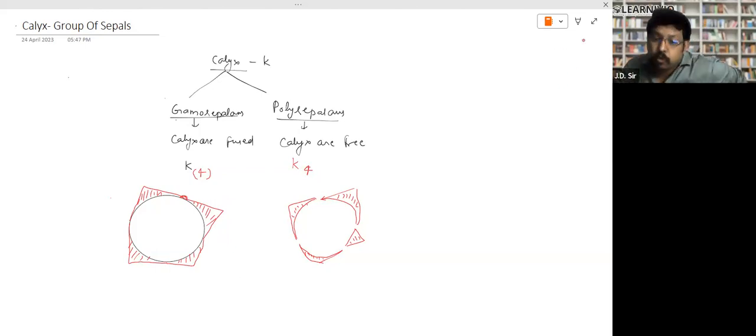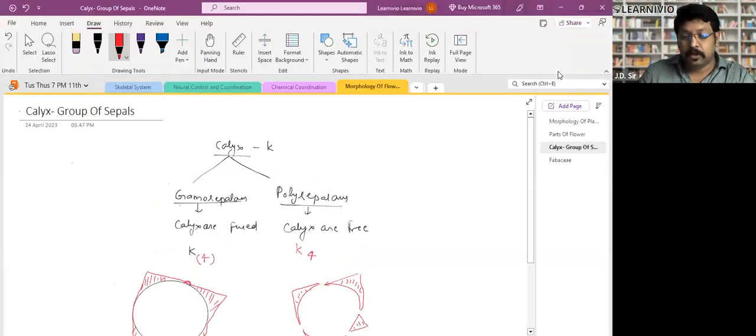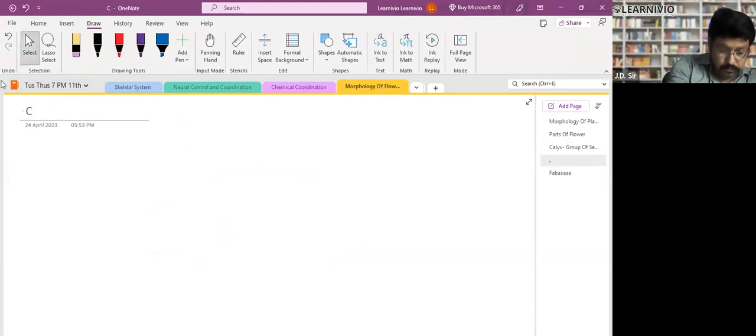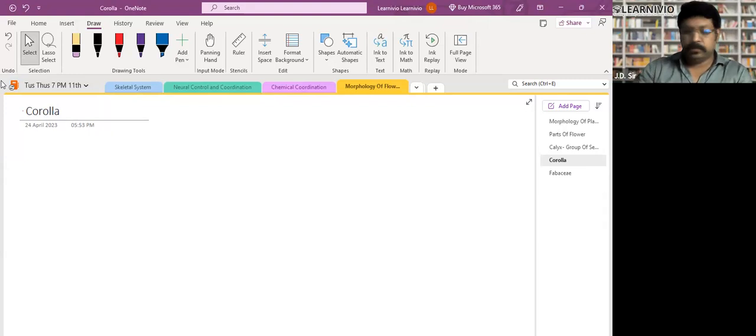What is the corolla? Next one is the corolla. Again, the corolla may be of two types, same.